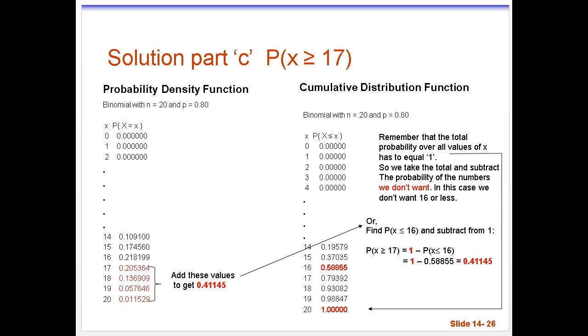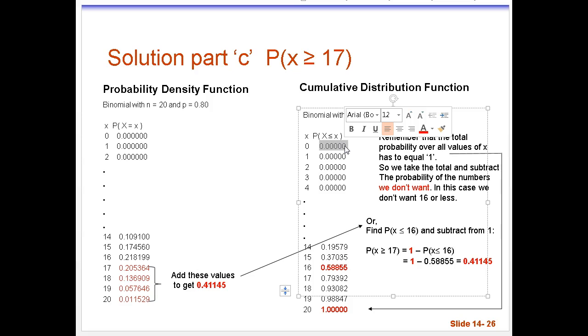But the other approach I could take, which actually is faster, is to use the cumulative distribution function. But when you use cumulative, you're dealing with less than or equal to's. Now, if I were to get Minitab to give me the cumulative distribution for every value of x, here's the probability x is equal to 0 or less than 0.